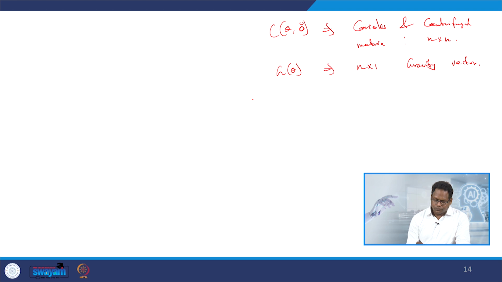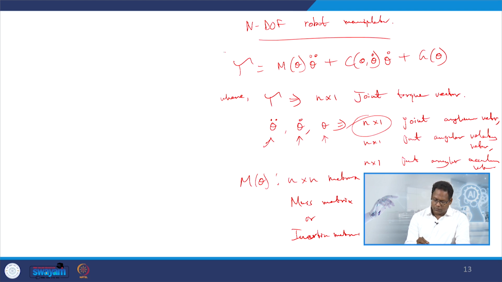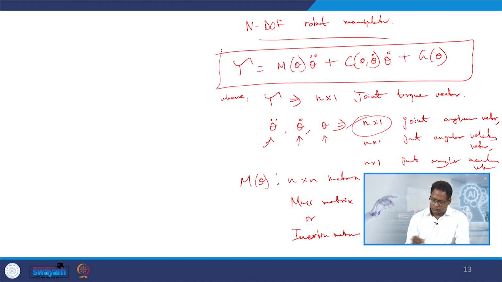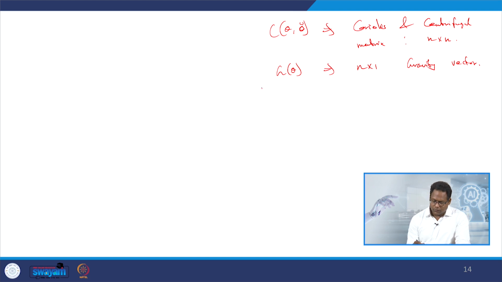Now, as per equation 1, we have the system dynamics given by this equation, which is highly coupled for an n degrees of freedom robotic manipulator. Now, we choose a control law.